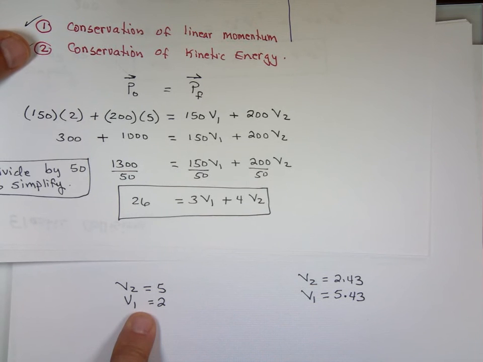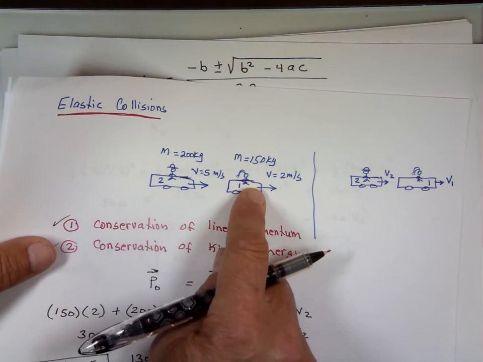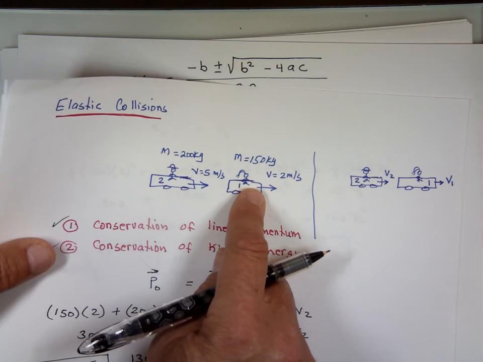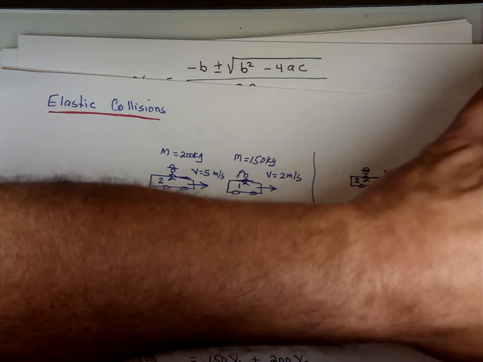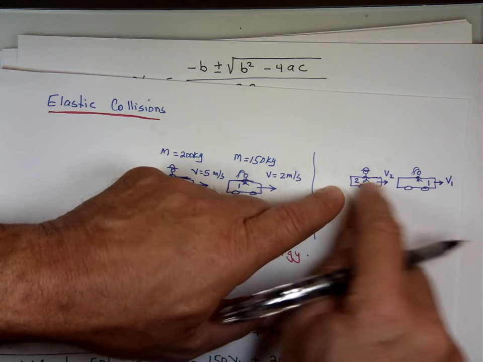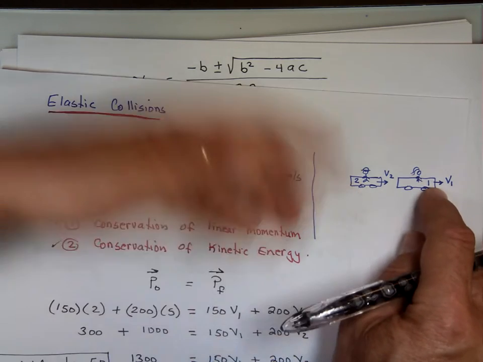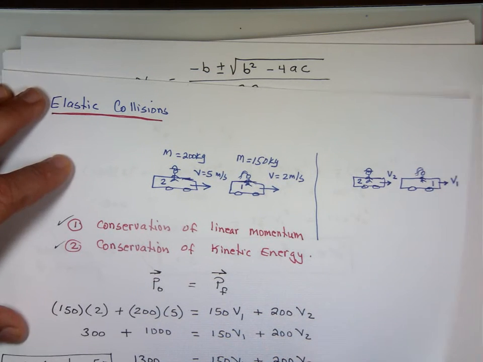That means this one continued to move at 5 and this one continued to move at 2. How is that possible? The only way that could happen is if there's a hole inside this and you just slide through it. You never even hit them. There's no way this one will continue to go 5 and this one going slower. You'll drive over them. So that doesn't make any sense. So this solution is out.